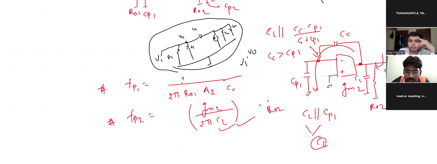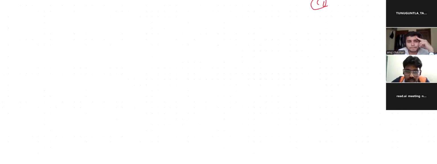So what is the UGB of the system? It is GM1,2 by CC, where GM1,2 is the GM of the first stage, meaning transistors 1 and 2.